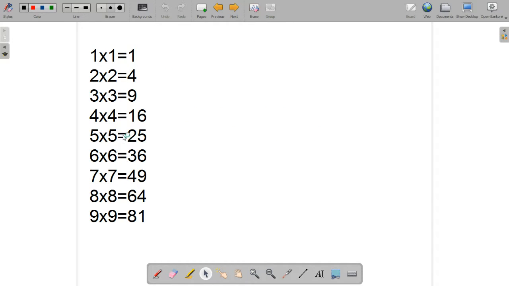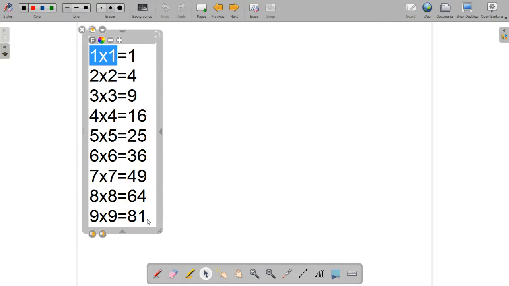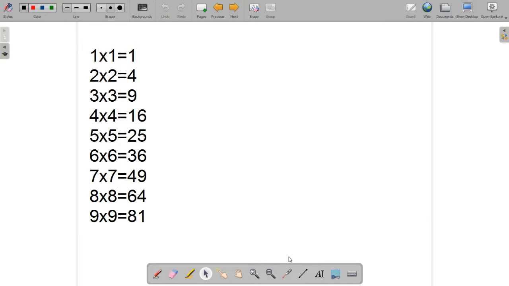First, you should probably know all of these. If you don't know how to multiply numbers from 1 to 9, then I don't know how you've been multiplying all this time. These are your standard numbers, the lowest tier of squares. So I just recommend that you know all of them.